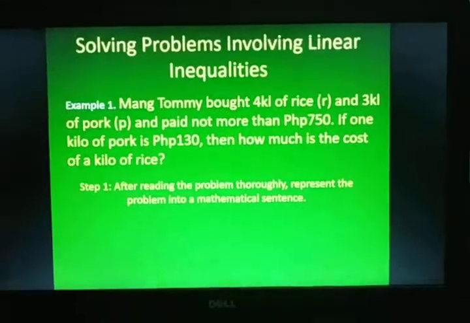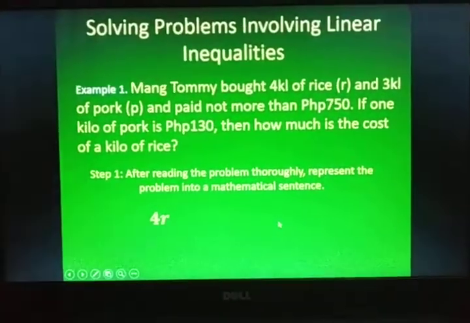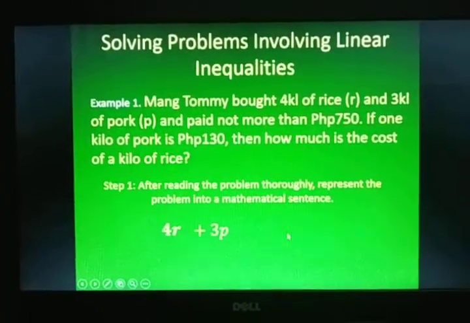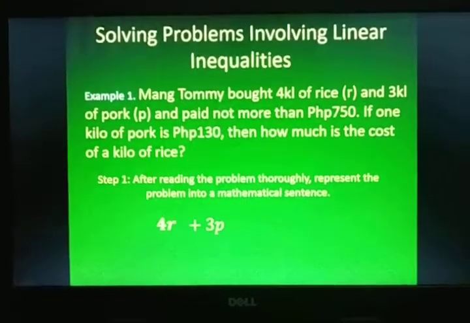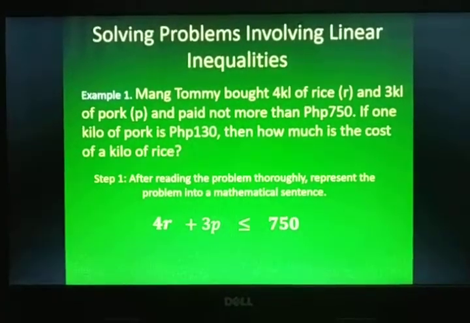Okay, after reading the problem thoroughly, represent 4R, that stands for 4 kilos of rice, plus 3P, 3 kilos of pork. Not more than is less than or equal to 750.